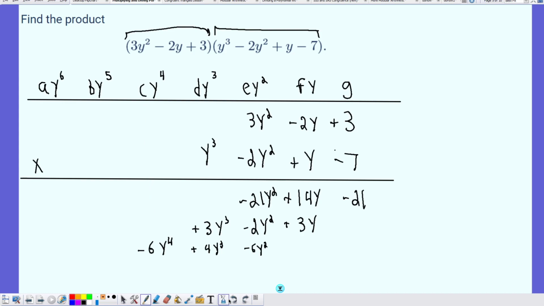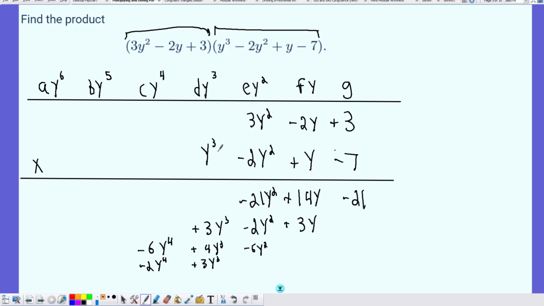Then, finally, multiply y to the third. So, y to the third times 3 is just 3y to the third. So I'm immediately going to go to my y to the third column. So positive 3y to the third. Y to the third times negative 2y is negative 2y to the fourth.